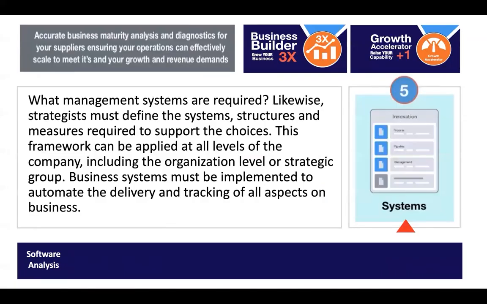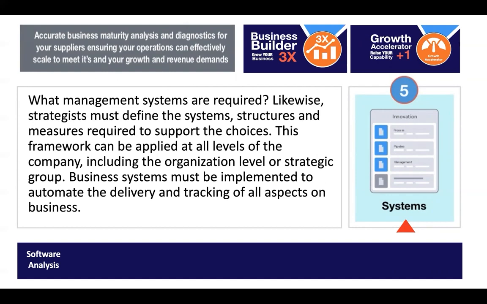Looking at the last component, which is systems. Systems leverages the Business Builder system. In the Business Builder system, we were looking specifically at day sales outstanding, order to cash, and cash flow management principles. The reason why we look at this is the automation of those through systems.